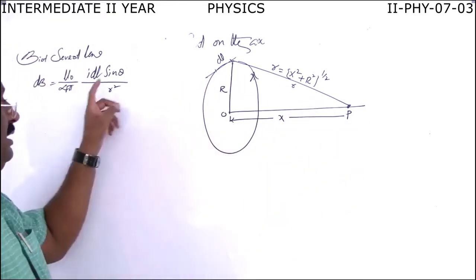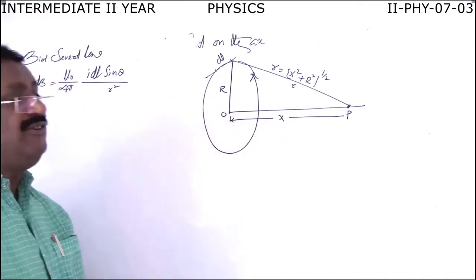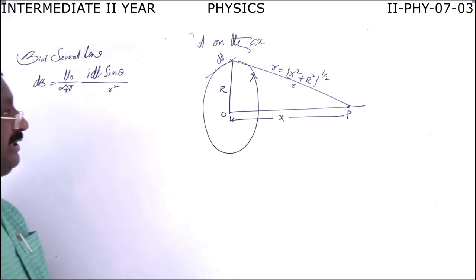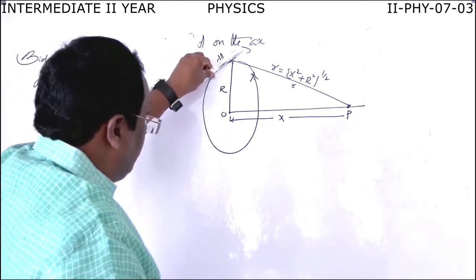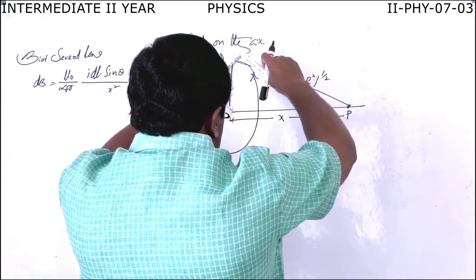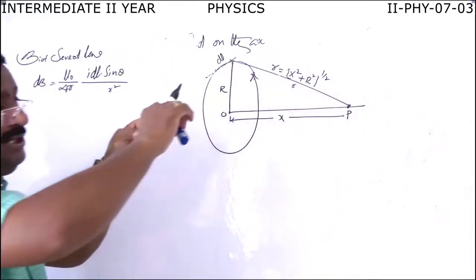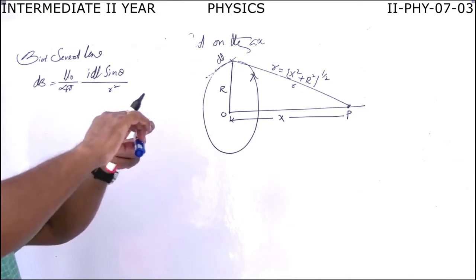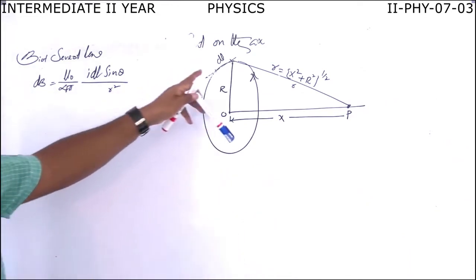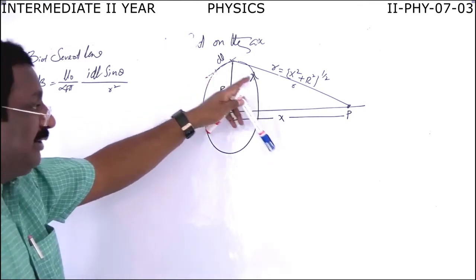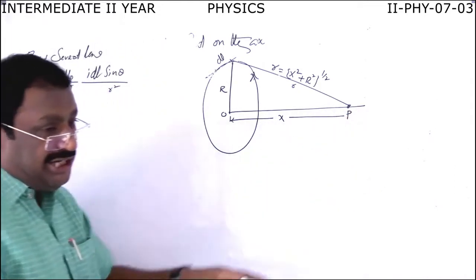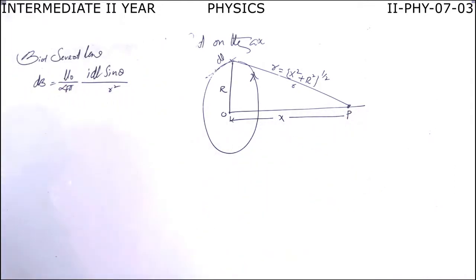But here dl and r are always perpendicular. They are always perpendicular like this. This is the direction of dl, this is the direction of r, which are always mutually perpendicular. So this obeys the vector product. The direction of the element, the position vector, and the magnetic field, these three obey the vector product.